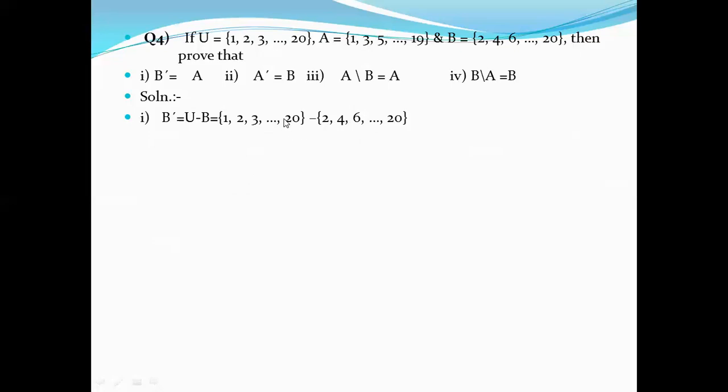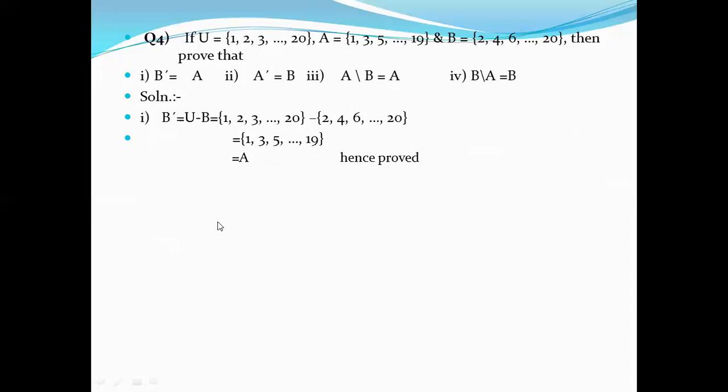Similarly, 19 will come in B complement and 20 will be subtracted. You put dot dot dot and then 19. So like this, you have to write the B complement. If you check, this B complement answer is equal to set A. So this is equal to A. Hence proved that B complement is equal to A.